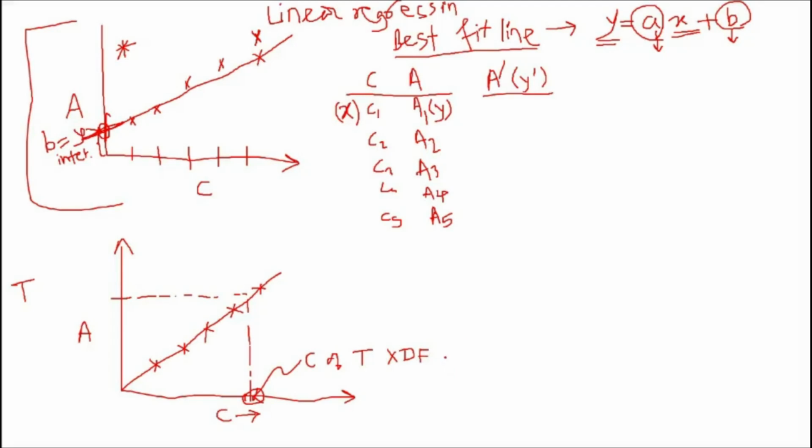Now, this is by graphical method. Please remember that you have the equation of that line. Even in this equation, y is representing absorbance. So if you substitute the absorbance of the test solution here, you will get the concentration of test, because you know the value of A, you know the value of B. So there are two methods to find out the concentration of unknown, one by graphical method and other using the linear regression line's equation.